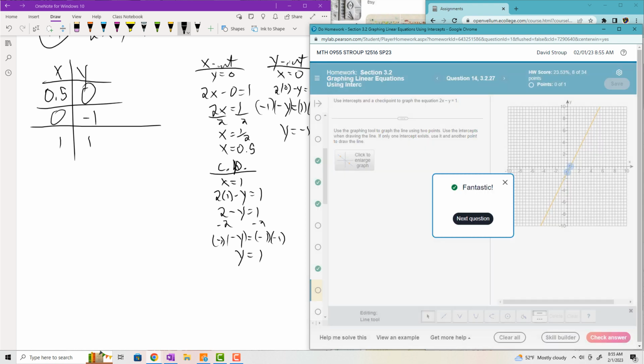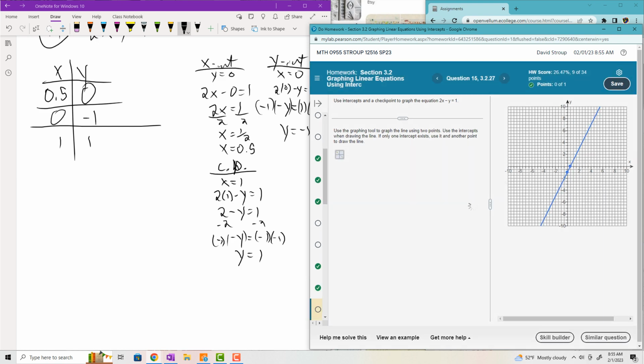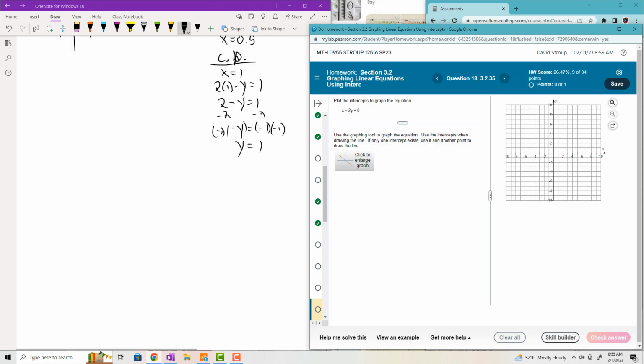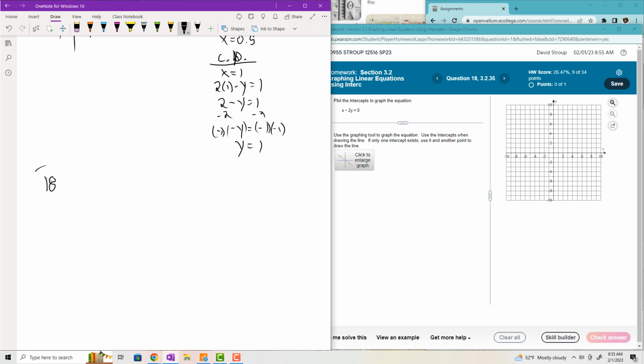So for the actual graphing part in this homework problem, you don't need that checkpoint, right? You can just do the 2 points and wing it, but the checkpoint allows you to make sure it's correct. It's more of the same, just plug in your answer.